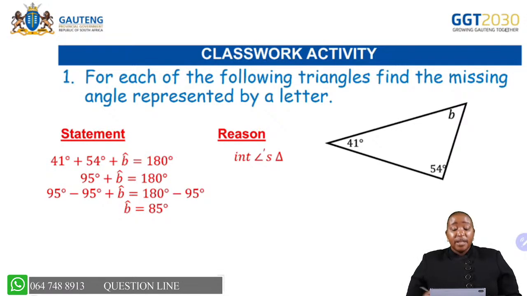Therefore, angle B is equal to 85 degrees. Do you have all of this? If you do, well done, good job. Okay, don't worry about the method we used, as long as you made sure that if you started by subtracting the two angles from 180 degrees, your solution still gave you B as equal to 85. That will be okay, all right? But you definitely need to show steps, and you need to have the correct reason there as well.